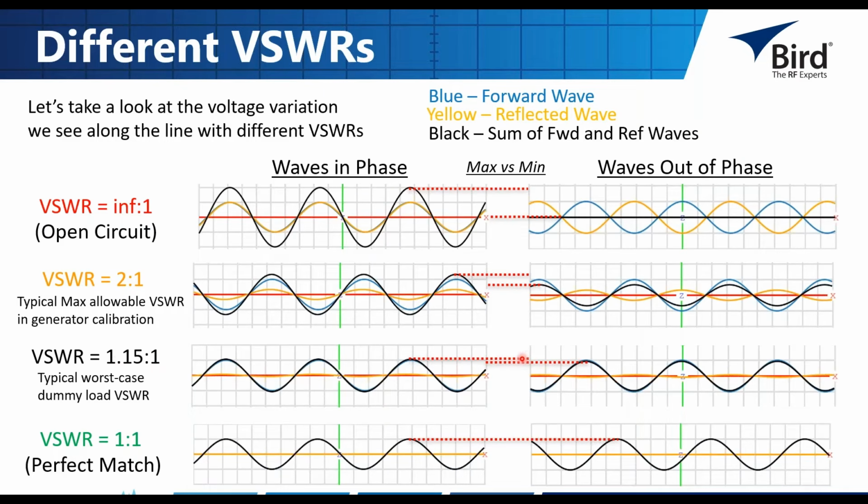That's where you're going to see a very minimal reflection, a very minimal standing wave along your line, compared to something like a perfect match, which is at VSWR 1 to 1, where we literally have no variation along the line. There's really no VSWR.